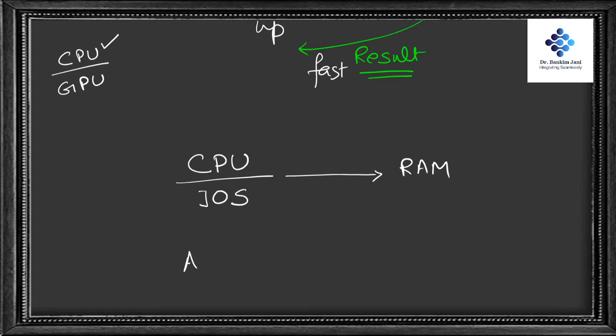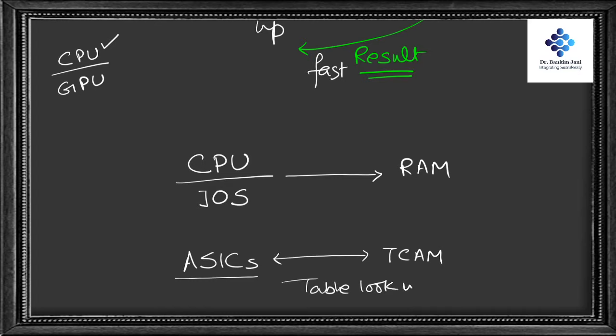And we have got ASICs, and this ASICs will be talking to TCAMs for fast results. So the entire table lookup portion is handled over here. Now we know table lookup and this IOS part, so over here, this and this.